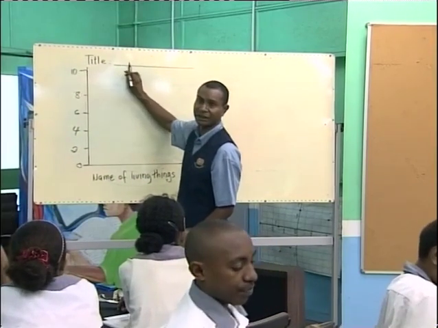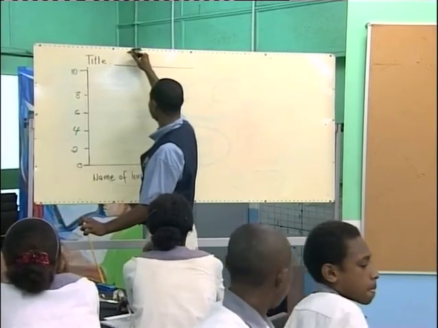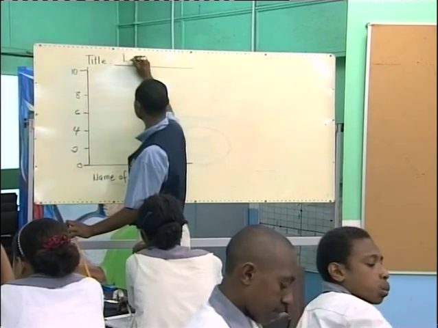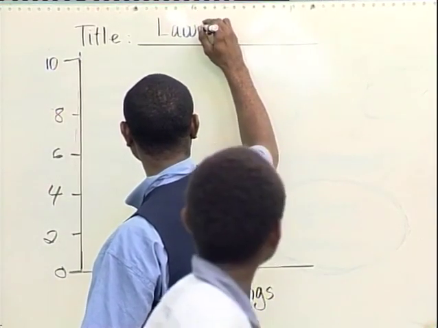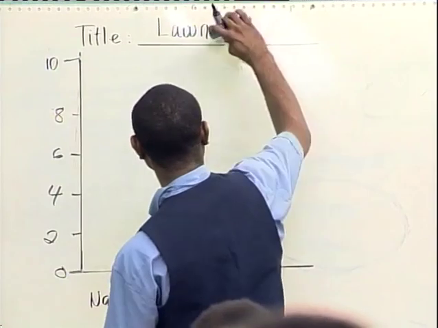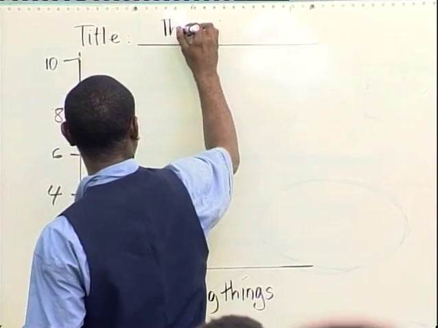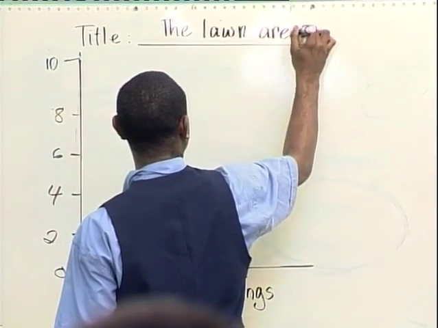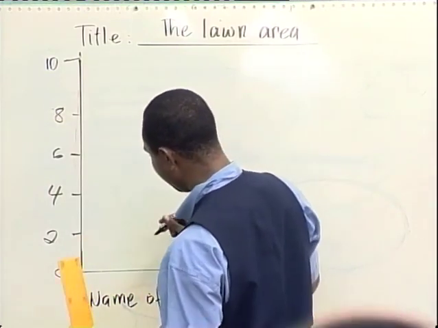So the area that you studied is, let's get an example from group 1, which is they studied the lawn. Okay, they found that there were 2 frogs.